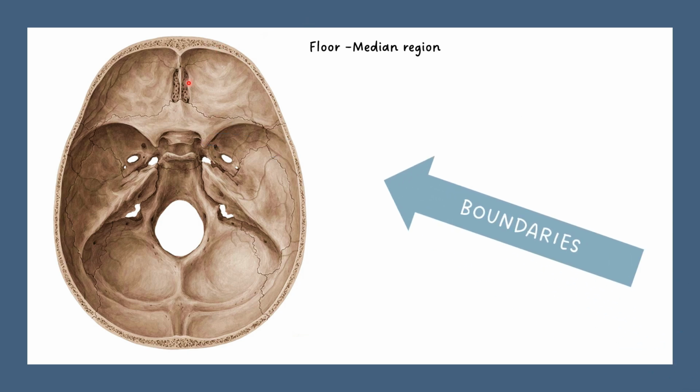The floor in the median region is formed by the cribriform plate of ethmoid bone anteriorly, and posteriorly we have the anterior part of superior surface of body of sphenoid, which is called the jugum sphenoidum. The floor in the lateral region is formed anteriorly by the orbital plates of frontal bone and posteriorly by the lesser wing of sphenoid.